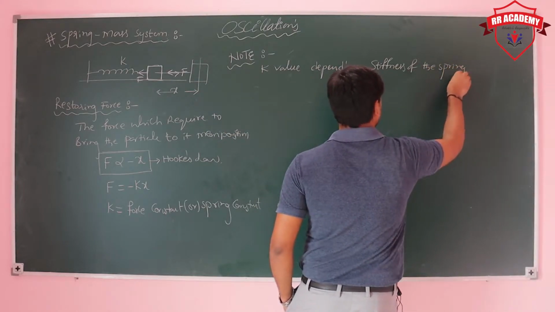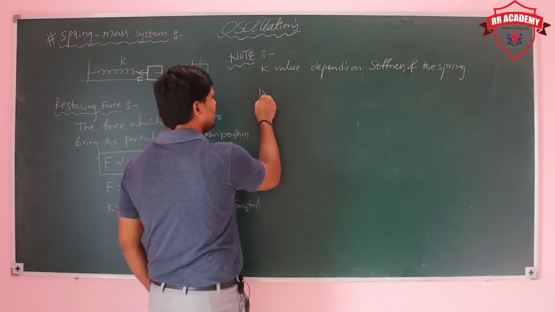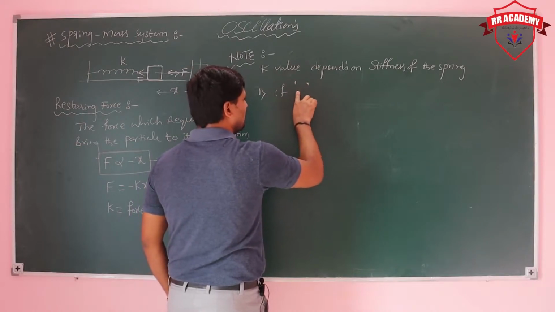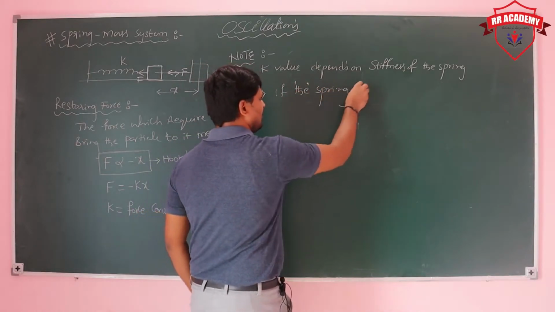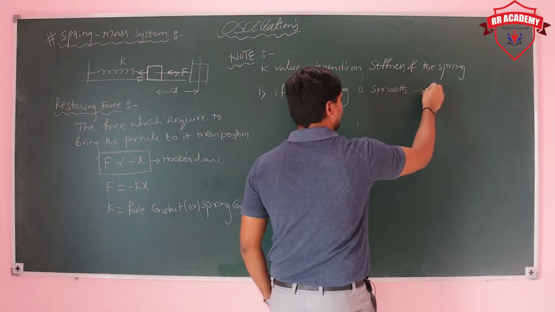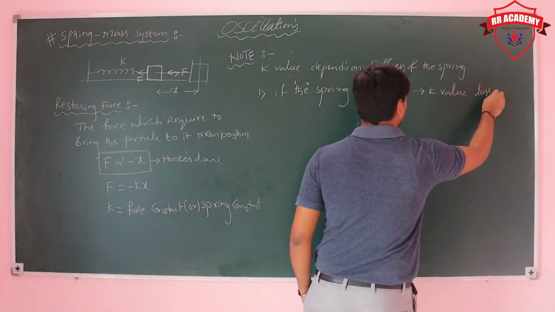What is the meaning of stiffness? If the spring is smooth, then the K value is less.